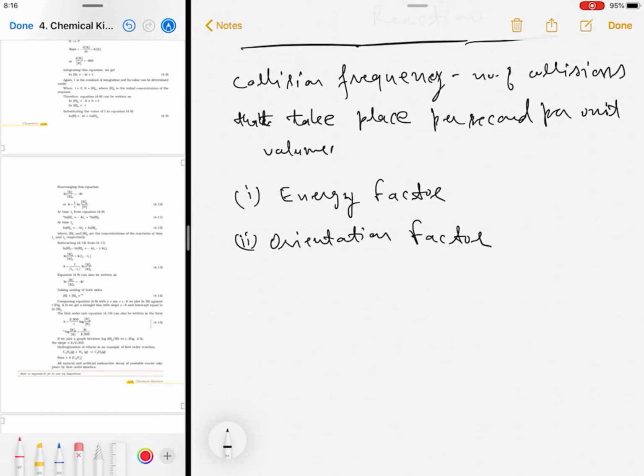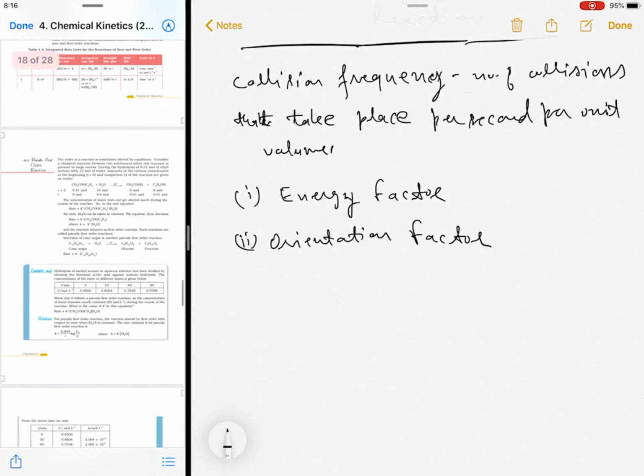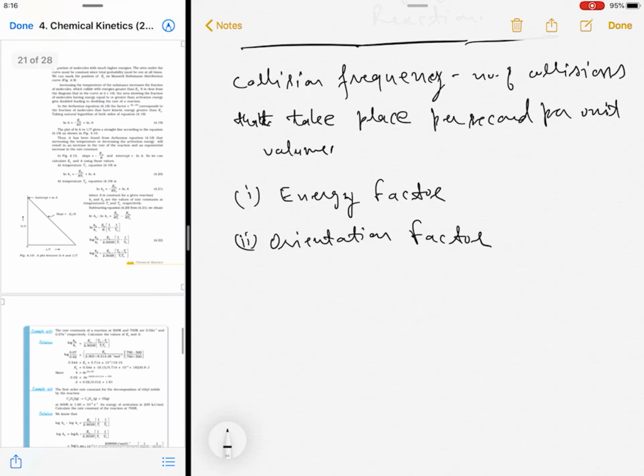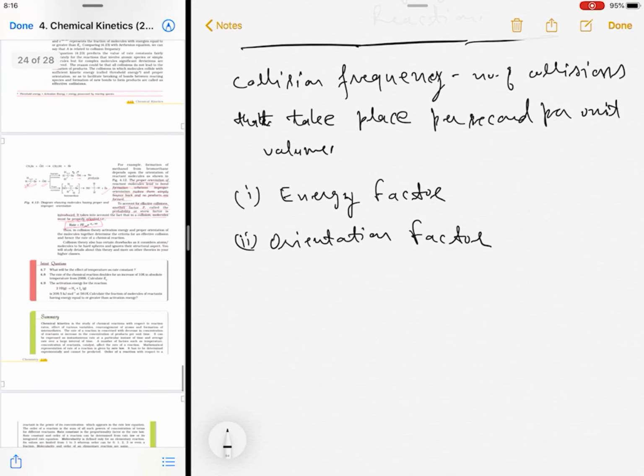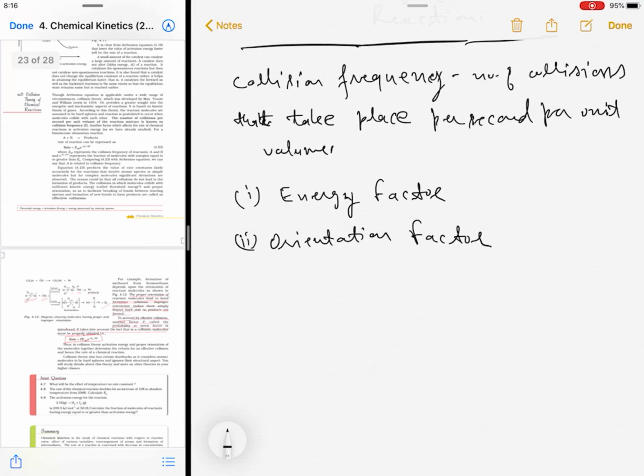Whenever the molecules collide, only those molecules are responsible for the formation of product in which the molecules have a particular amount of energy, and this particular amount of energy is known as threshold energy. If the molecules have threshold energy, only then the collision will be effective.